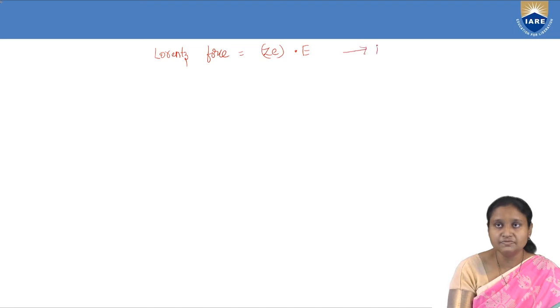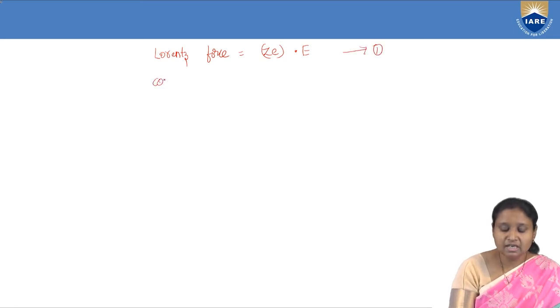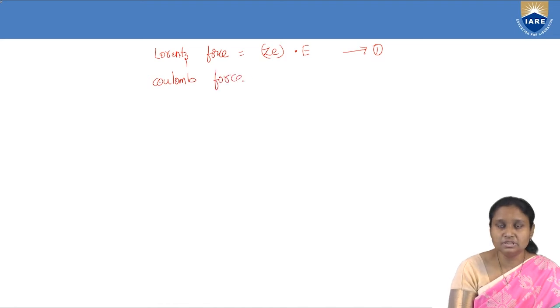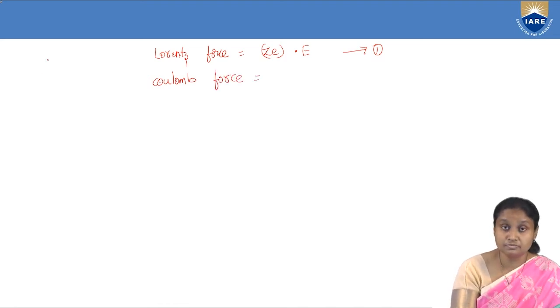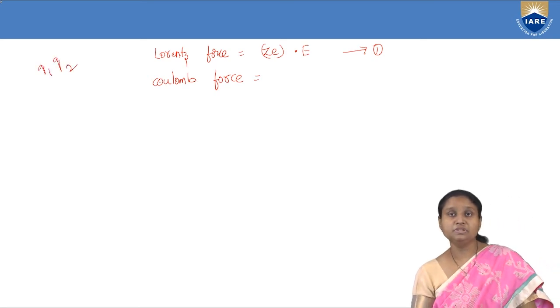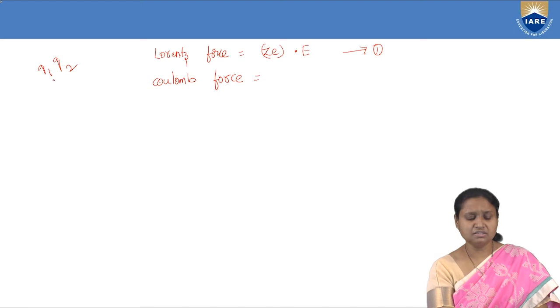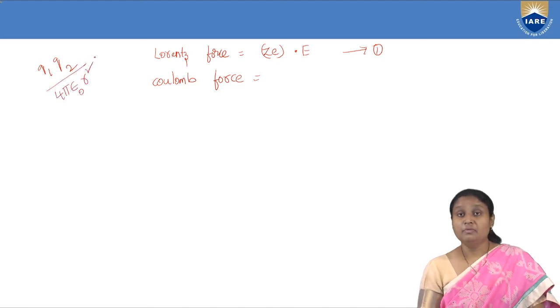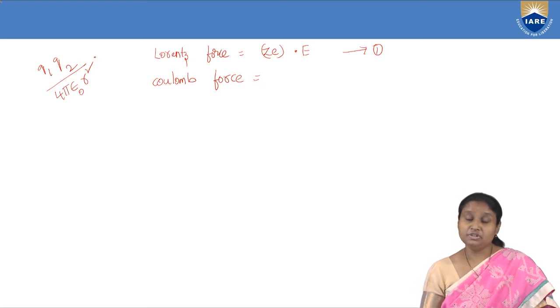Suppose I take it as the first equation. Then once they are separated, a Coulomb force will develop between them. How to get this Coulomb force? Generally we know the formula for the Coulomb force between two charges. Suppose I have two charges Q1 and Q2. The force between these two charges is given by Q1 Q2 by 4 pi epsilon naught r square, where r is the distance of separation between these two charges.